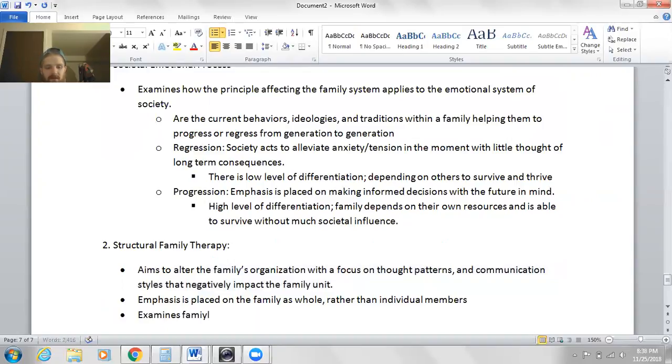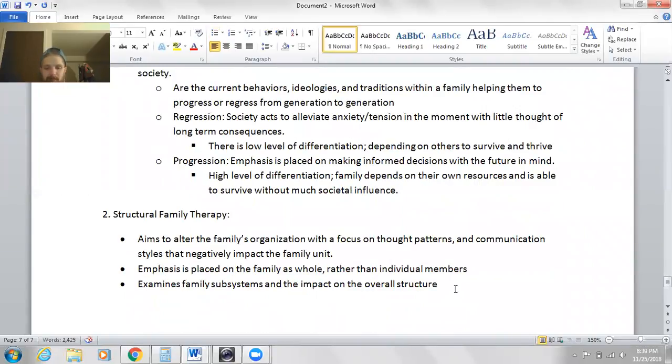And then it examines family subsystems and the impact on the overall structure. And this is where huge emphasis is placed on boundaries and the interplay of interaction, which involves types of boundaries.